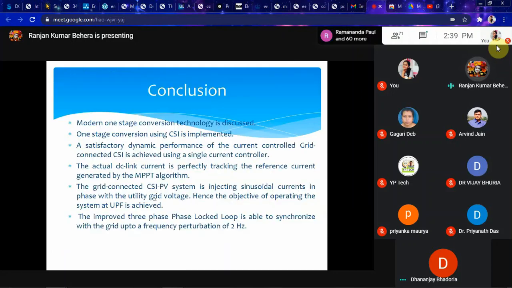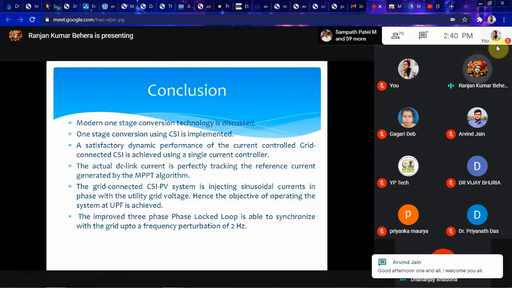Most of the time, the current source inverter is implemented, and it has very good performance compared to the voltage source inverter. The current source inverter is very robust. How is it robust? Initially I was working in JK Paper Mill, where I saw a current source inverter fed synchronous motor drive.